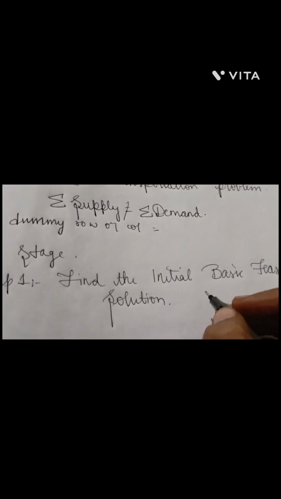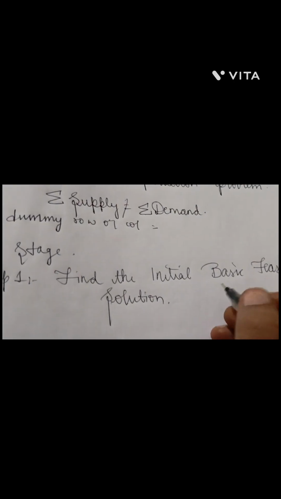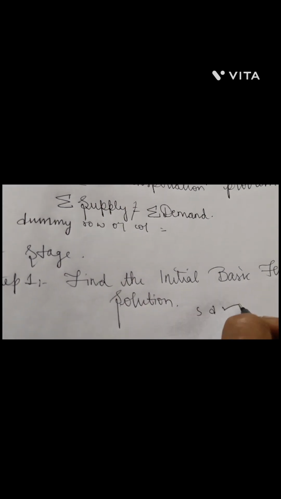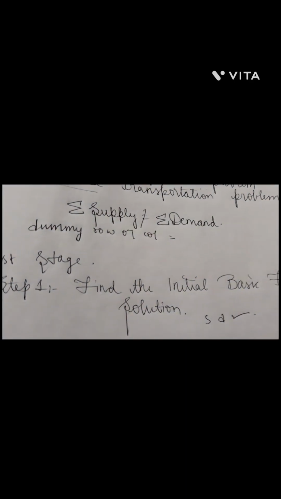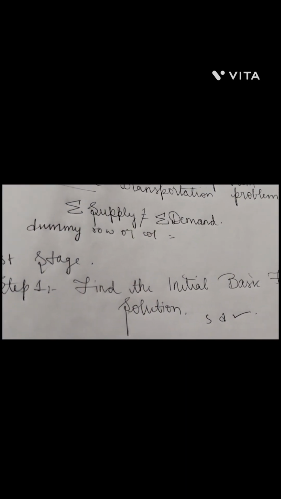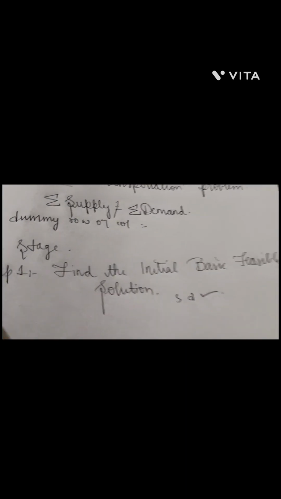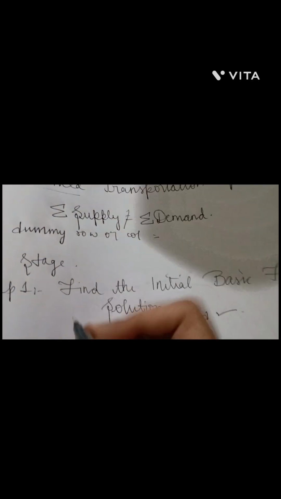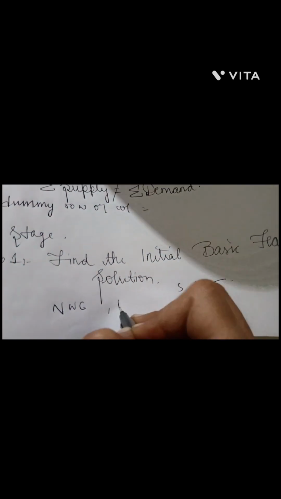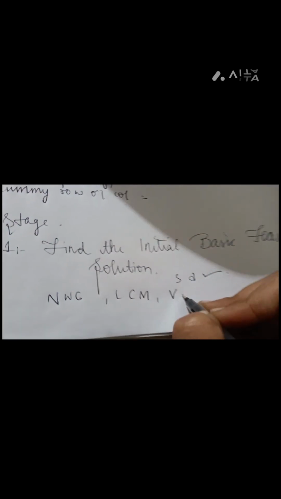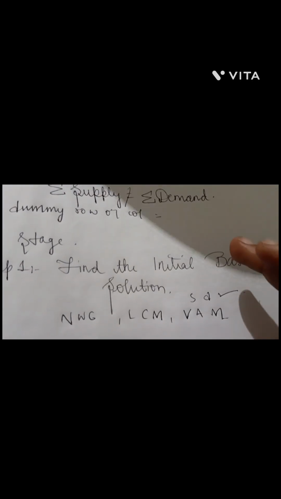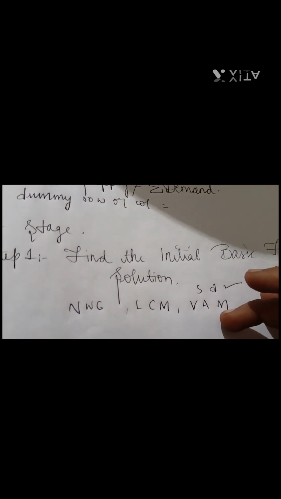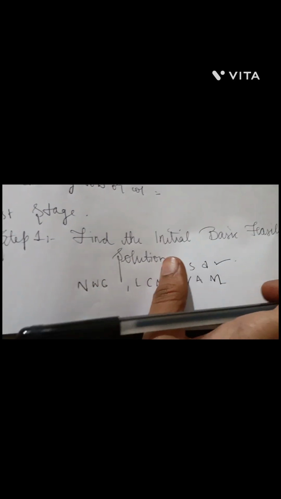This means we start with an initial way of distributing the goods in such a way that all the supply and demand conditions are satisfied. We are not focusing on the best solution yet, just a valid starting point. There are different methods to find this initial solution, such as the northwest corner method, least cost method, and Vogel's approximation method. After finding this initial solution, we move to the second stage, which is finding the optimal solution.